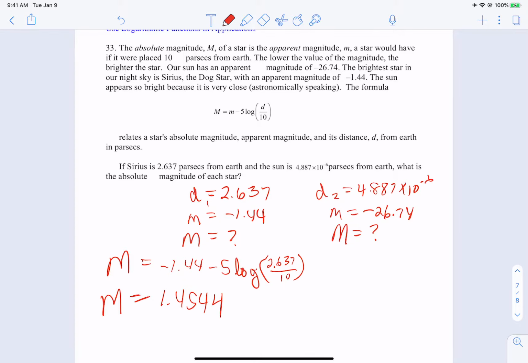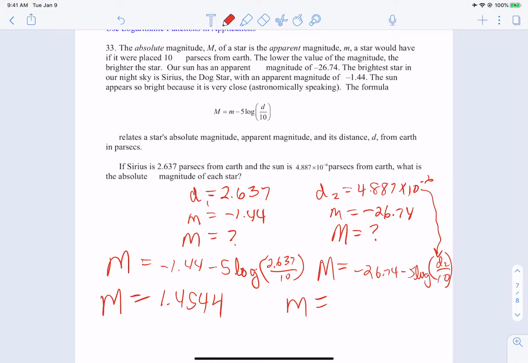Now let's do our sun. So for that, it would be negative 26.74 minus 5 times the log of that big decimal right there over 10. Okay, let me put that into the calculator for you.